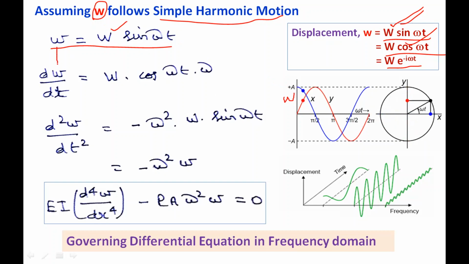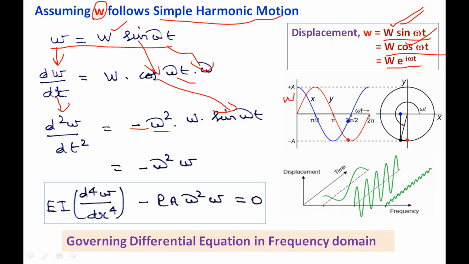Now when we differentiate this, first differentiation dW by dt: W sine becomes cos omega t, and we get the coefficient omega. Then differentiating a second time, d square W by dt square is equal to minus omega square W sin omega t, because cos will become minus sin omega t, and again we get the omega coefficient.